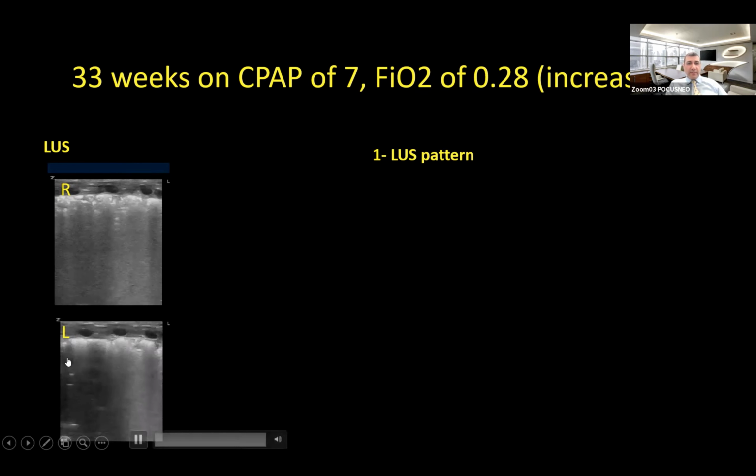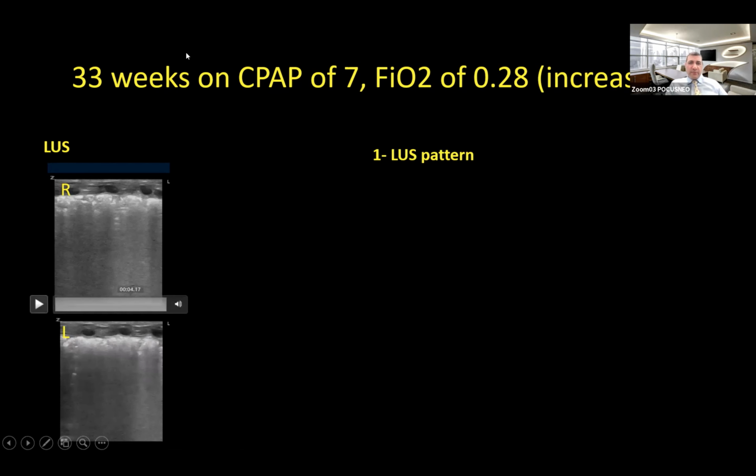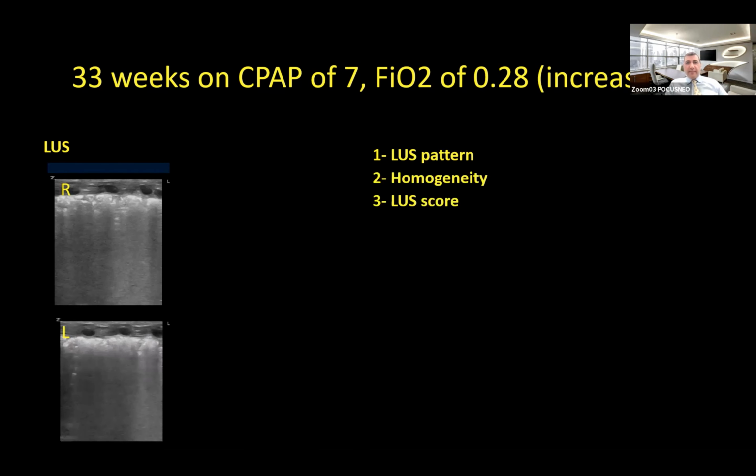Here you can just see part of the heart shadow, but the lung is really atelectatic, subpleural atelectasis with air bronchogram. So 3 on both sides. We need to assess the lung pattern. Homogeneous on both sides is consistent with RDS in an infant who was just born. So a score of 3 in all of the zones will give a total score of 18.